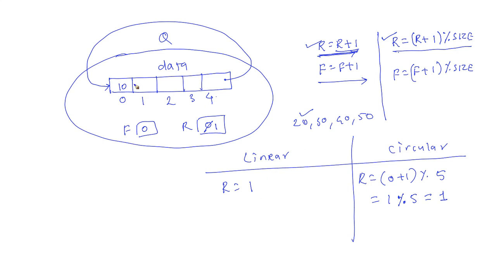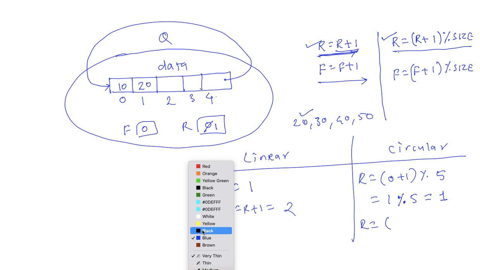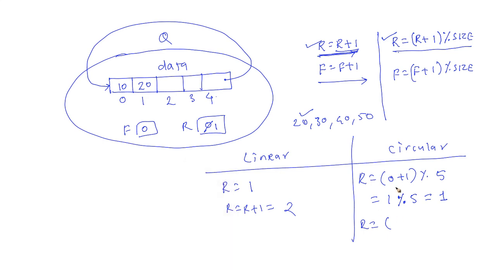Now we'll insert 20 there. Now to insert 30, if I use linear, R is equal to R plus 1, which is 1 plus 1, 2. If I use circular, R is equal to R plus 1 mod size, that formula I'm using. So R is 1.